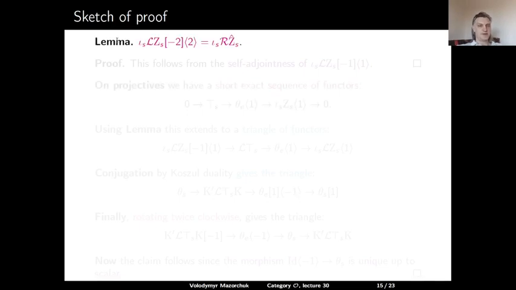First of all, we observe that the composition of the left-derived Zuckerman with inclusion and then adjusted by 2 in degree and by minus 2 in the homological position is isomorphic to the composition of the right-derived Zuckerman with inclusion. So this follows directly from the self-adjointness of the composition of left-derived Zuckerman followed by inclusion, and then adjusted by the length of S, which is 1.